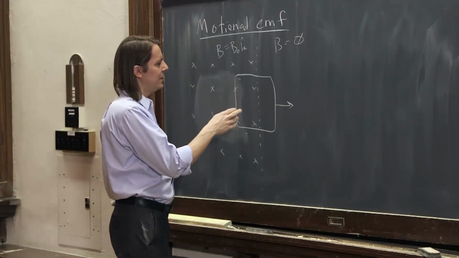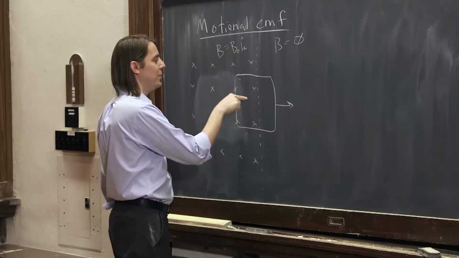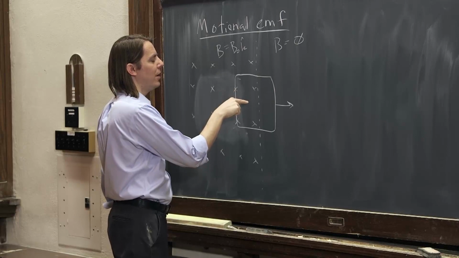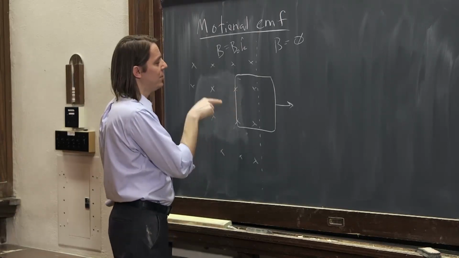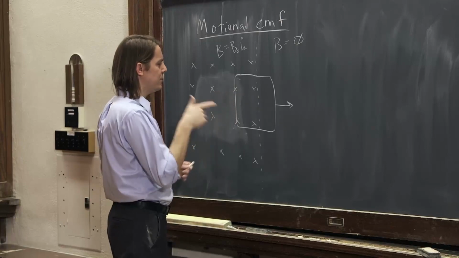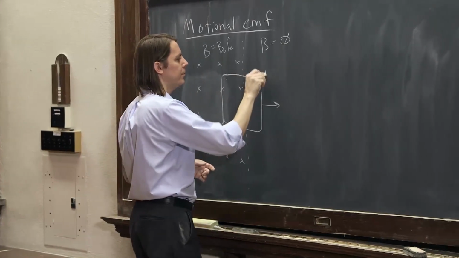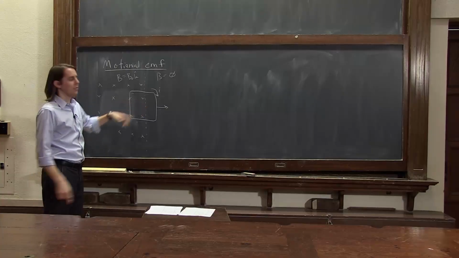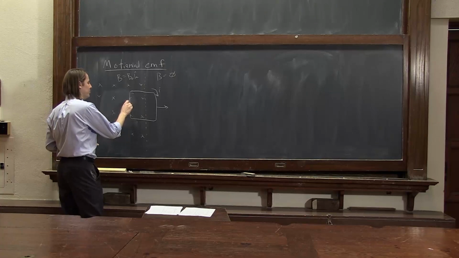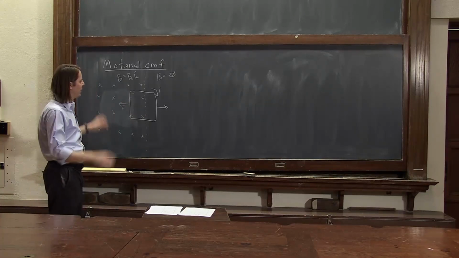Pulling it out of the field, the B field flux this way is decreasing. So we'll have an induced current that increases the B field that way, because it always opposes the change. If that's the direction of the B field, the current would go this way. Then you could apply the QV cross B force and realize that it'll always oppose your motion. There'd be a force that way, pulling it back.